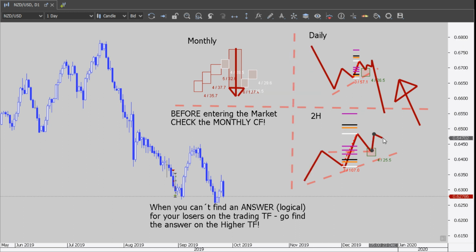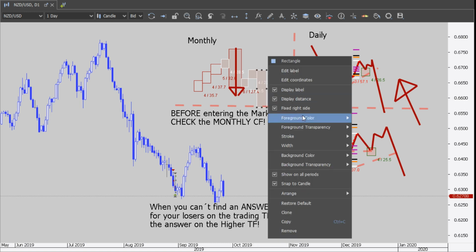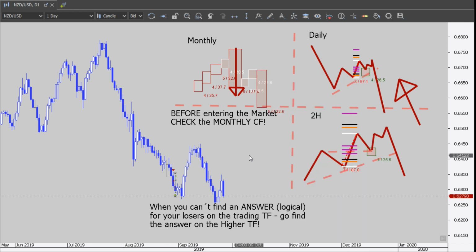Of course, you would lose also on the 2-hour chart. Why is that? Because the monthly chart is pushing down all the others. The monthly is the grandfather, and when the grandfather says it's time to fall, all the other family members are falling. The higher time frame controls price movement and market direction of the smaller time frames.